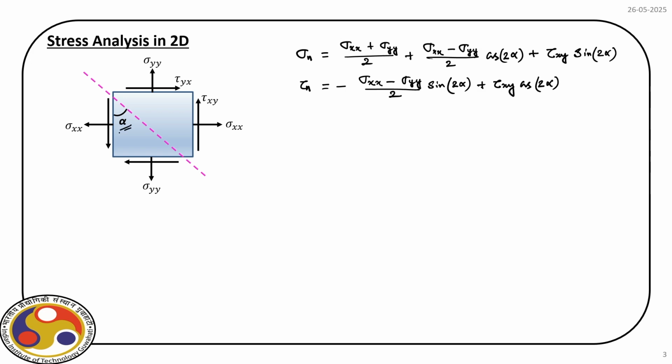You can see that is the angle on which this normal stress sigma n and shear stress tau n acts.